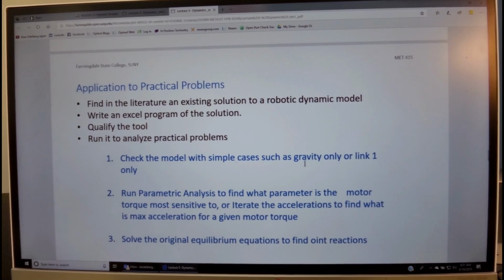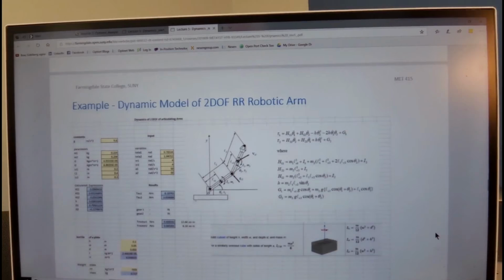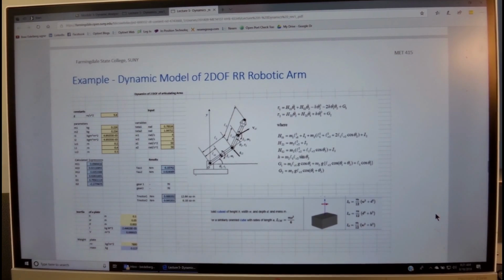Once we validate the solution, we can run parametric analysis to find which parameters of the system the robot is most sensitive to, and then we could try to optimize the selection of all of these parameters for the required problem.